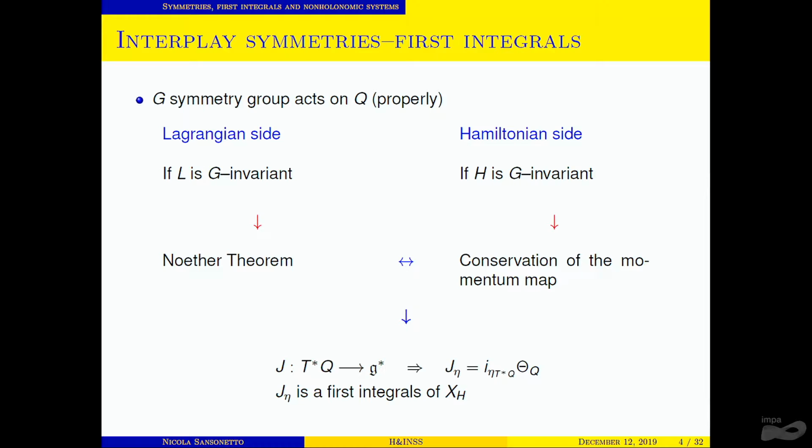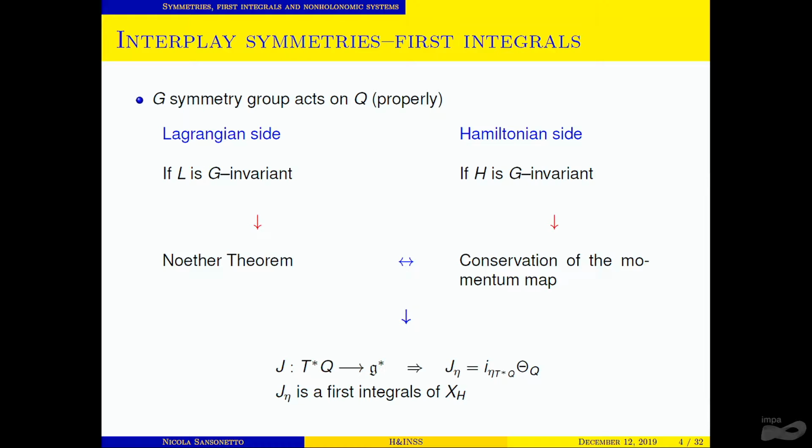In particular, we don't have a well-known link from the presence of symmetry to the existence of first integrals. So if we have a symmetry which is quite easy to see, then we don't know a mechanism, or it is not clear if there is any mechanism, that produces first integrals. And of course, this is a problem if you want to study the dynamics, because first integrals help somehow to study dynamics. So I would like to play a little bit with this nonholonomic oscillator to show what happens in this nonholonomic framework.